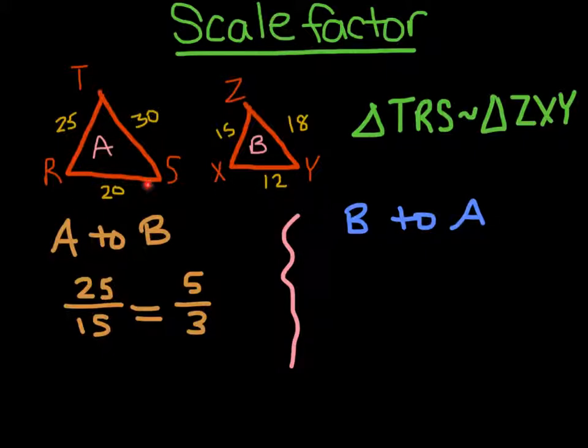So B to A would be a 12 to 20. So I'm going to write that down as 12 to 20. And once again, I would reduce that, and I can divide each of those by 4, and I get a 3 to 5 ratio. Now, over on the left here, we got a 5 to 3 ratio, and that's basically the same thing as a 3 to 5 ratio. It's just a matter of what order you're putting it in.